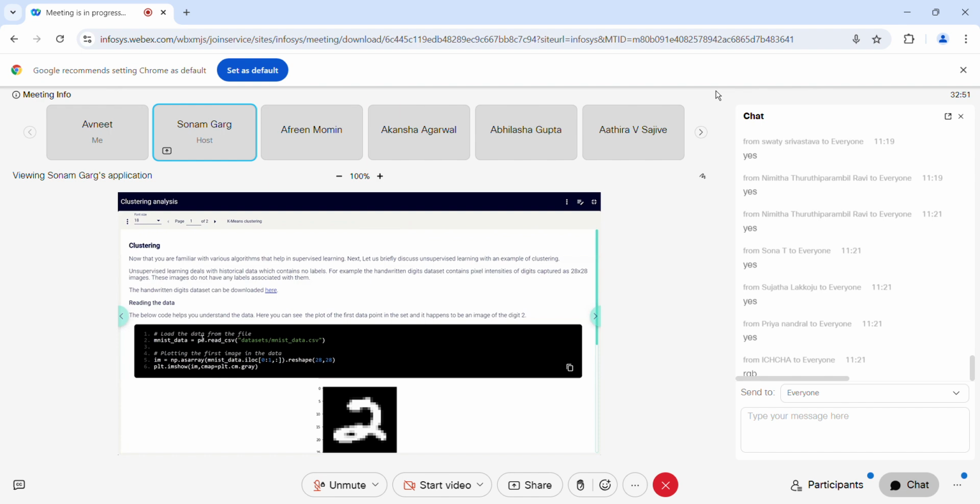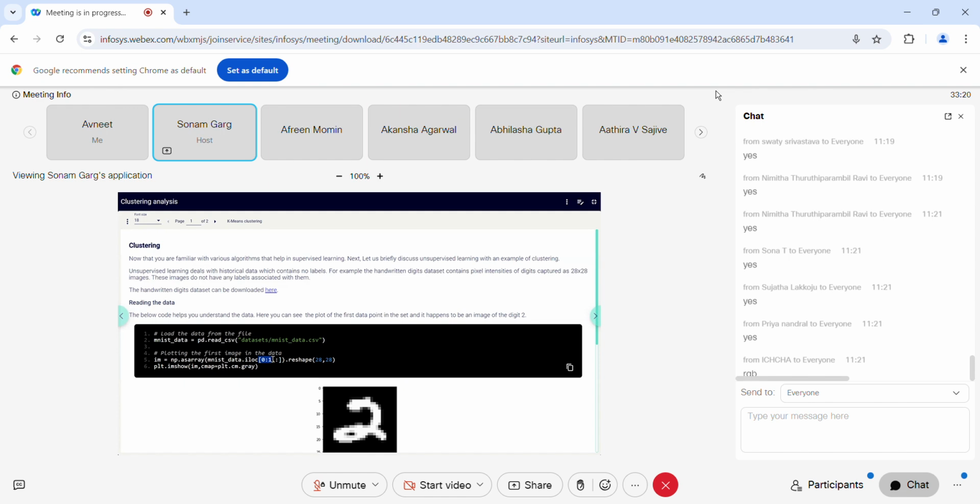Now, you read this file. We know read CSV is used to read this file, MNIST data, which is a handwritten digits data set, which contains pixel intensities of digits captured as 28 cross 28 images. So this image is 28 pixels by 28 pixels, which will become 784 pixels altogether. Now, you read this data set and convert it to 28 cross 28.